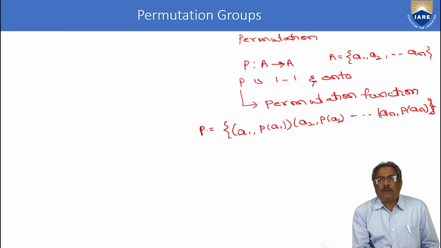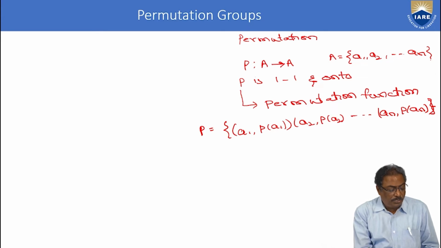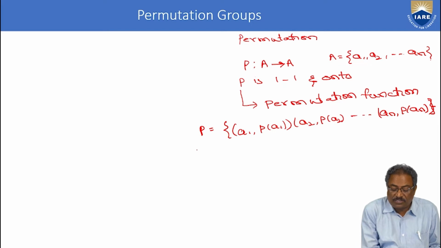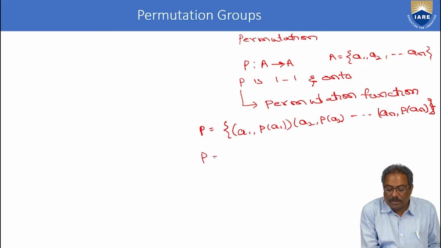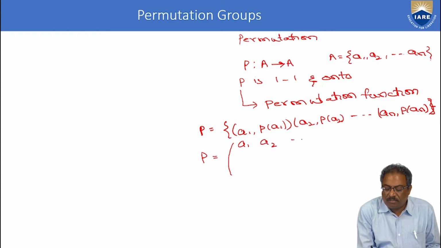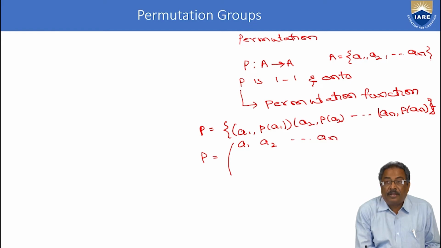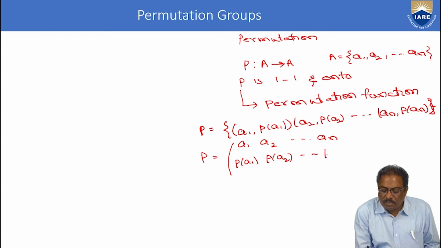Now, this permutation function we are going to represent in two-line notation like this. Here A1, A2, and so on are all the elements of A, and the corresponding images are P of A1, P of A2, and so on, P of AN.